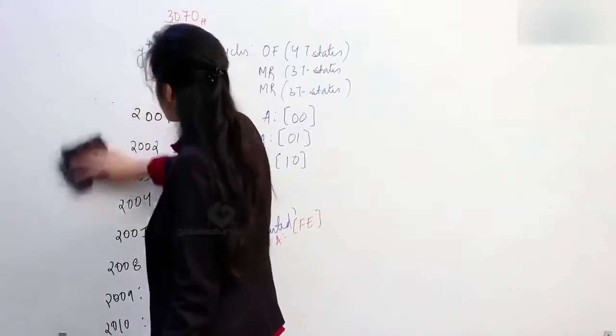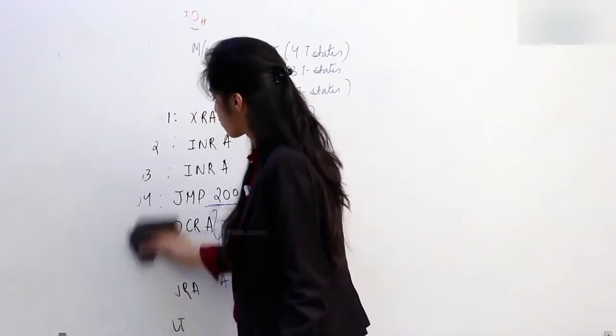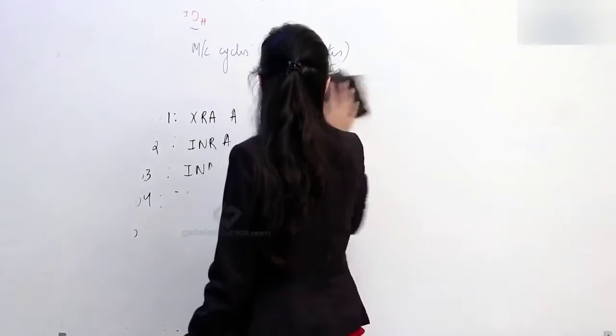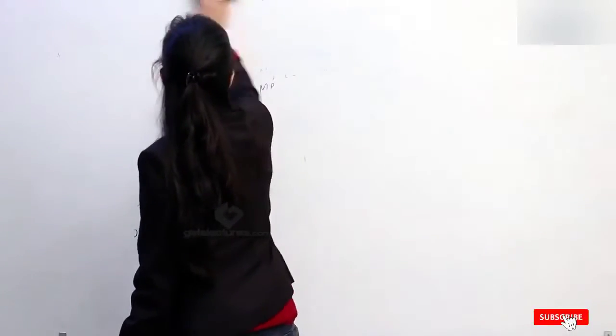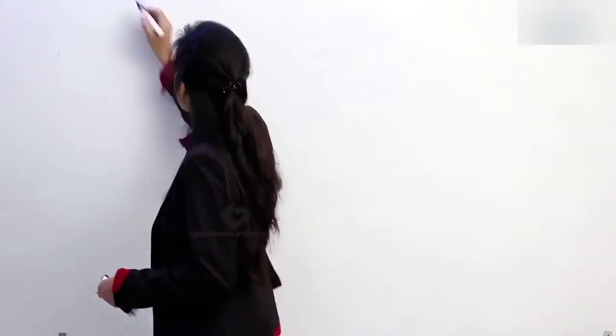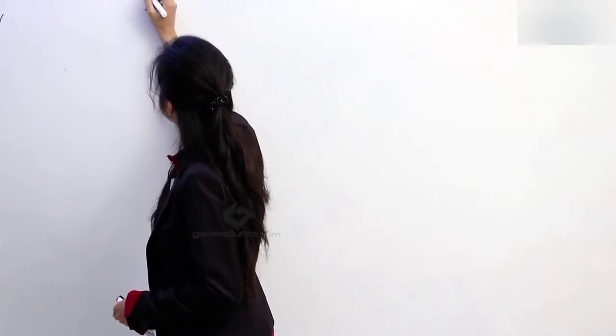Conditional jump. We know that the 8085 microprocessor has five flags. We've already studied the 5 flags. Based on those flags, we have conditional jumps. What happens in conditional jump?